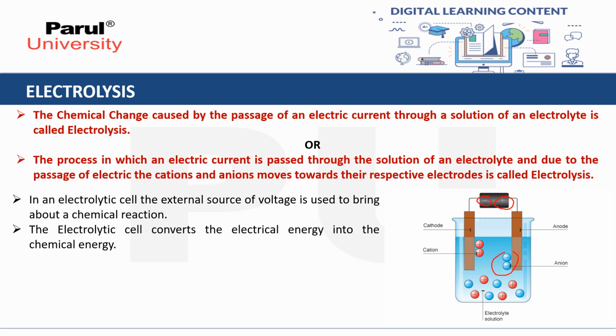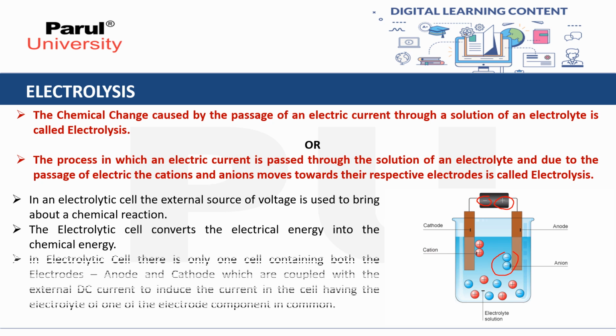The electrolytic cell converts electrical energy into chemical energy, and there is only one cell containing both the electrodes, anode and cathode, which are coupled with an external DC source, having the electrolyte of one of the electrode components in common.